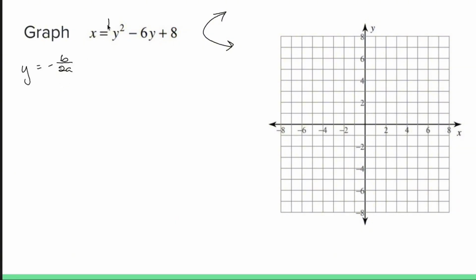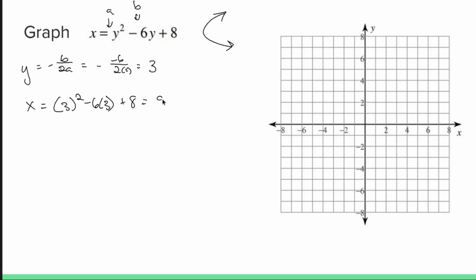Okay, a is an invisible 1, b is negative 6. So negative 6 over 2 times 1 is going to be negative negative, which is a positive. 6 divided by 2 is 3. So y is 3. How do I find my x? Plug in 3 for y and solve. So x equals 3 squared minus 6 times 3 plus 8.